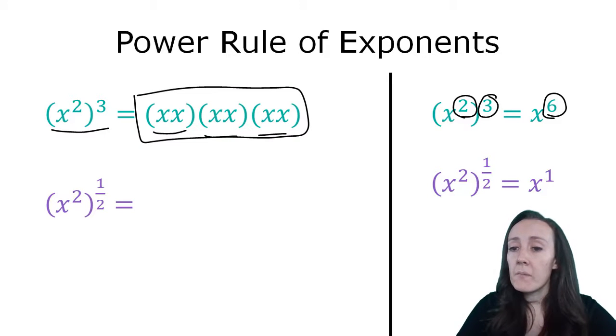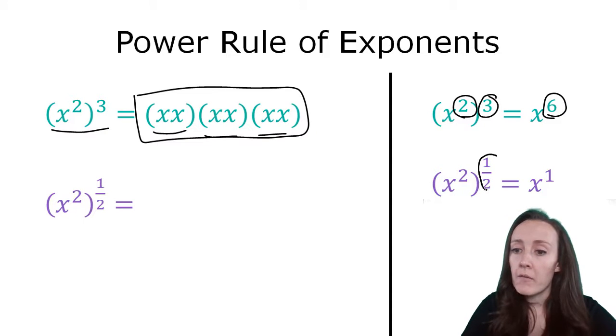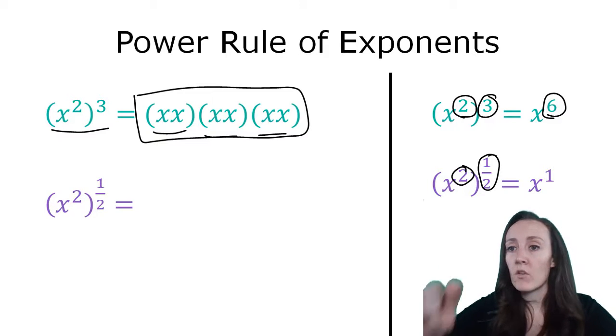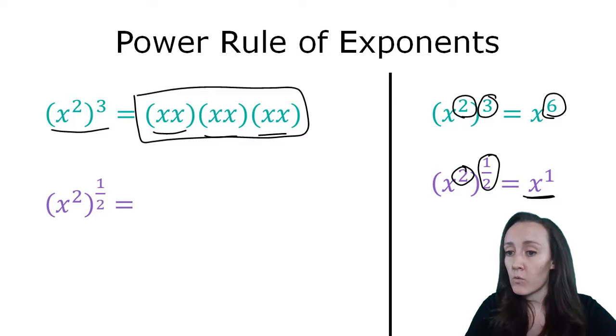If you apply the power rule to a fractional power, like x squared raised to the 1/2 power, the power rule says that should equal x to the first power, because 2 times a half equals 2 halves, which is just 1.